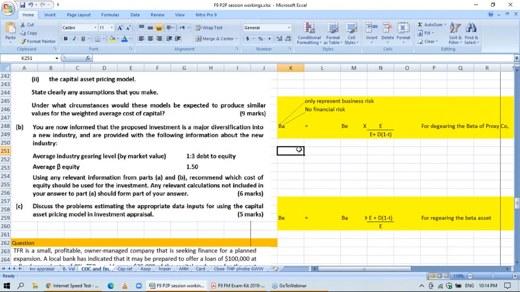So the proxy company beta is 1.5 in some other industry, which is new for us. Now the equity value is 3 as per the gearing ratio.